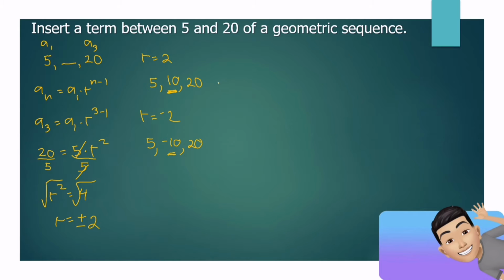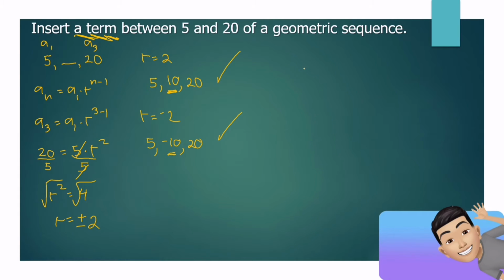So, dalawa yung ating geometric sequence na na-generate kasi meron tayong 2 possible values ng R. So, in this case then, tuturo ko lang sa inyo yung shortcut pagka mag-insert ka ng isang term lang, no? Ng isang term between 2 non-consecutive terms ng geometric sequence.